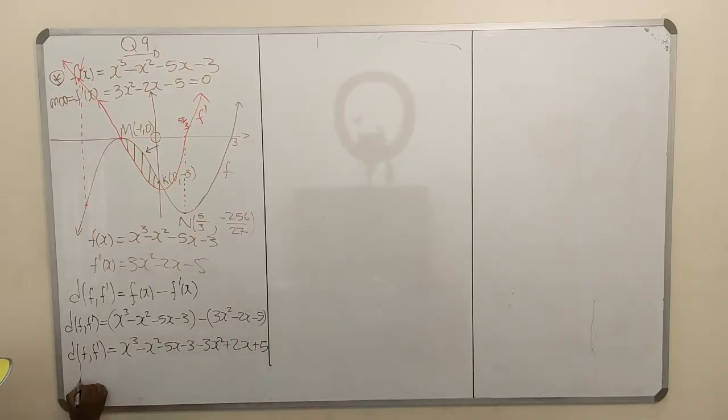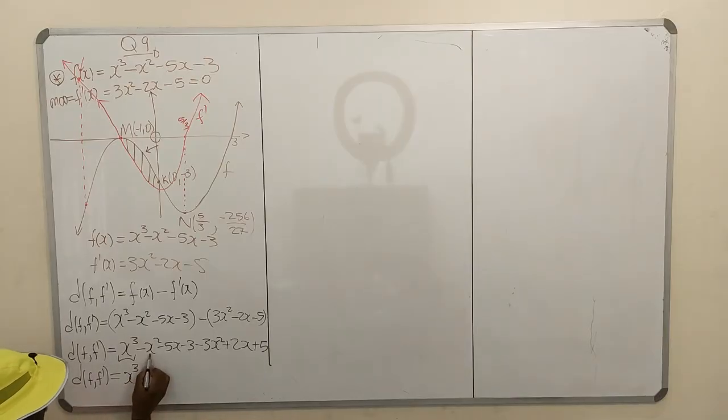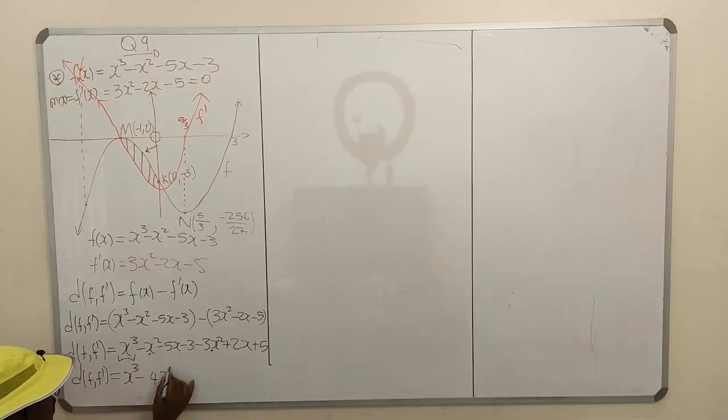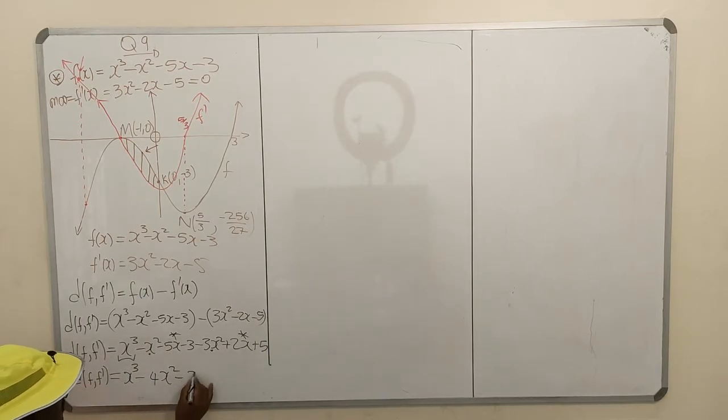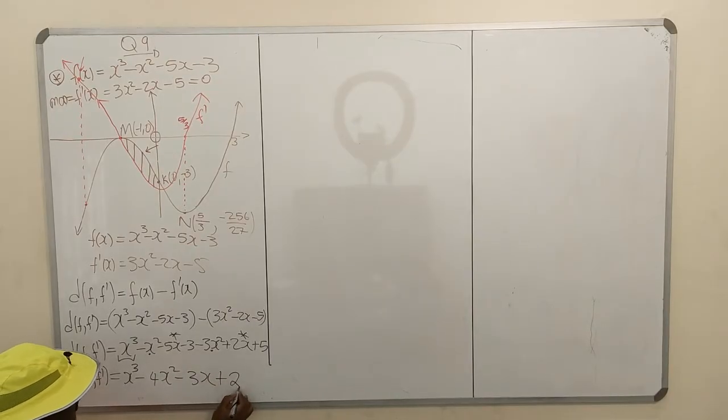Then we group the like terms. Distance between f and this gradient function is equal to, this one is on its own here, so take it down as it is. The squares are this one and that one there, so we add them, and that is minus 4x squared. The x's, we have this one here, then that one there, so it's minus 3x. This and that is plus 2.